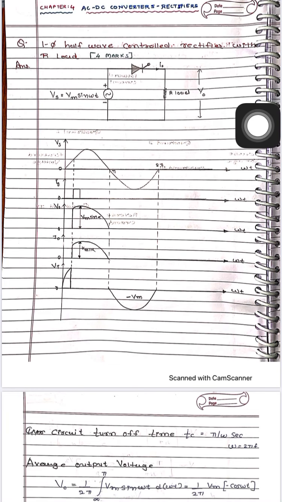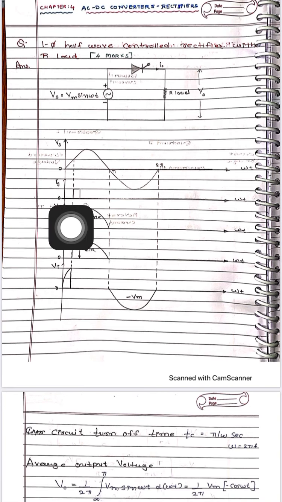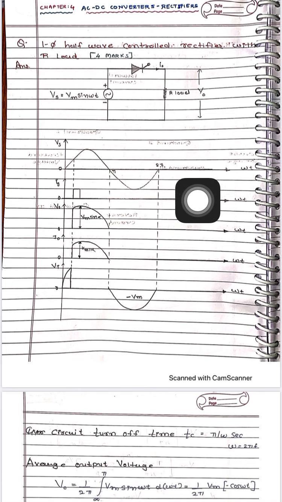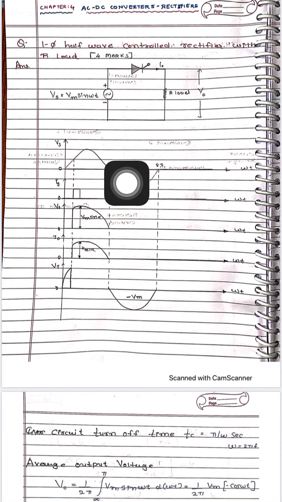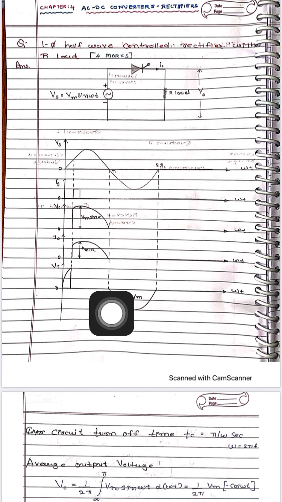We study these waveforms because they give the characteristics of the converter: how the switch performs in a particular mode of operation, and at which magnitude we get the voltage.